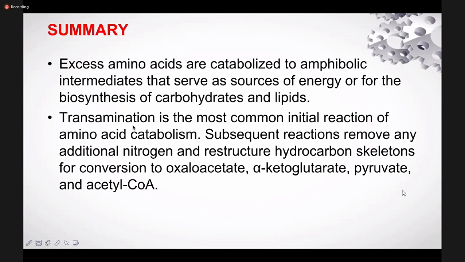But for all the rest, transamination is the first or most common initial reaction of amino acid catabolism. And subsequent reactions remove any additional nitrogen and restructure hydrocarbon skeletons. So the remaining carbon skeleton is converted back to oxaloacetate, alpha-ketoglutarate, pyruvate, and acetyl-CoA.